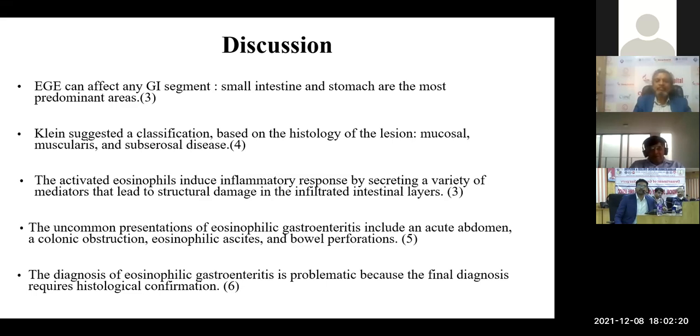The activated eosinophils induce an inflammatory response by secreting a variety of mediators that lead to structural damage in the infiltrated intestinal layers. The uncommon presentations include an acute abdomen, colonic obstruction, eosinophilic ascites, and bowel perforations. The diagnosis is problematic because the final diagnosis requires histological confirmation.